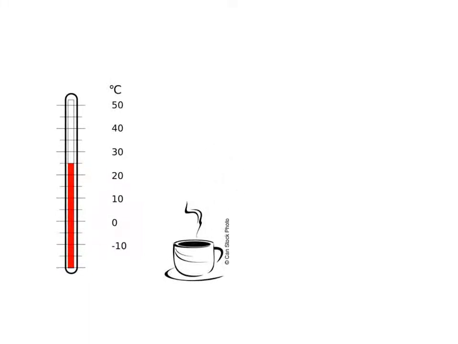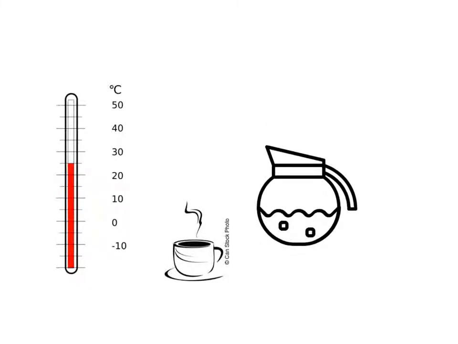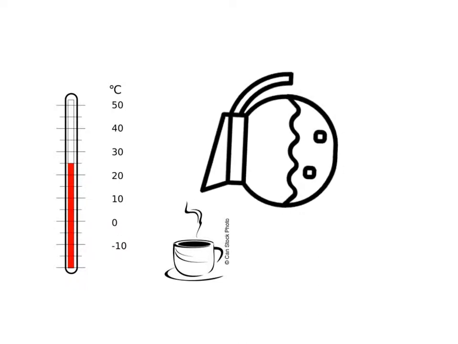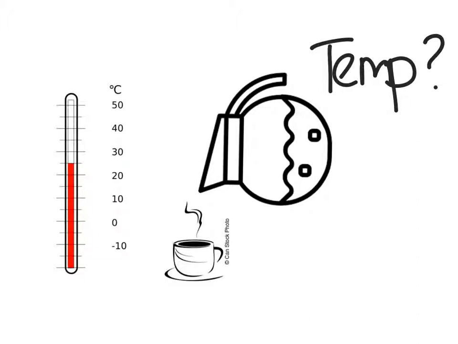I'm going to use these two. So, when you pour a hot tea from a teapot to a cup, what can you say about the temperature of the tea from the teapot and in the cup? Is it the same? Or was it divided into two? Pause. Yes, the temperature is the same. Therefore, temperature is an intensive property.